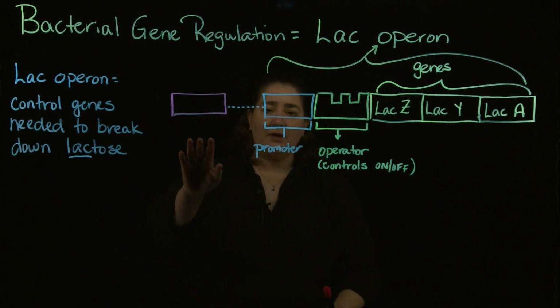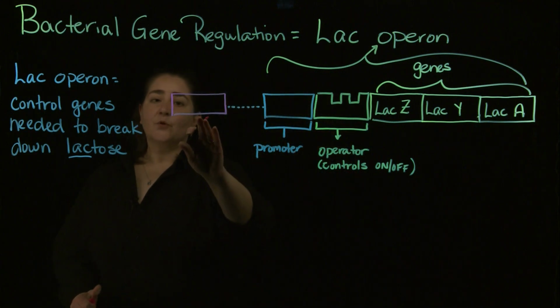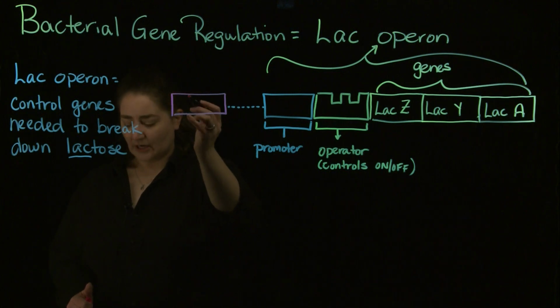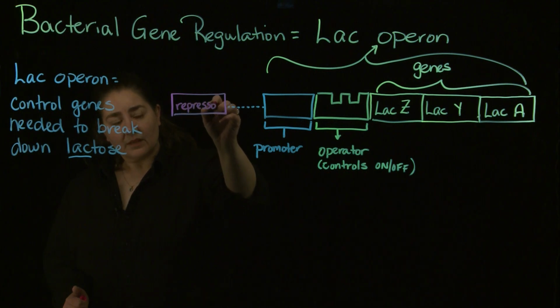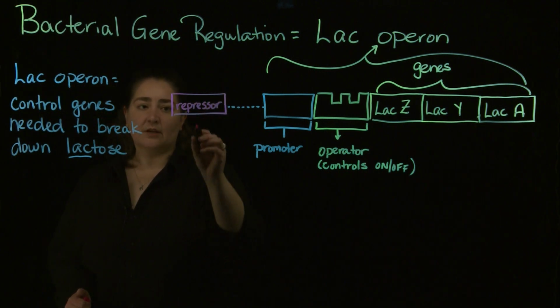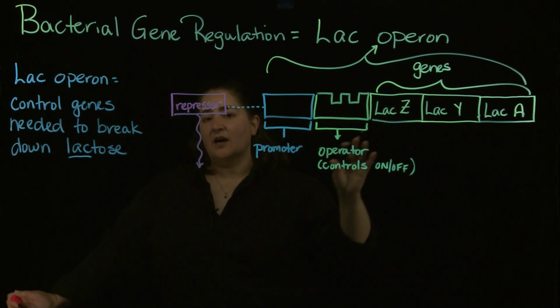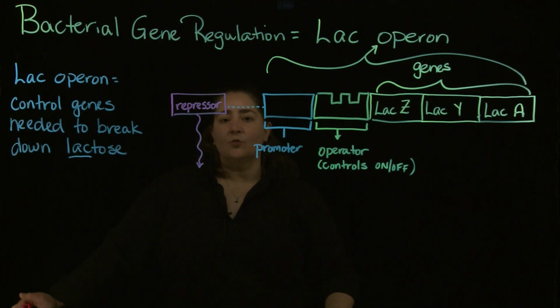But if you notice, I've got my pink mystery box over here. This is an important part in regulating how lactose is used, all right? This is going to be your repressor, okay? So what happens? Somewhere away from the operon, sometimes it's nearby, sometimes it's further away. Don't worry about why it's close, why it's far away.